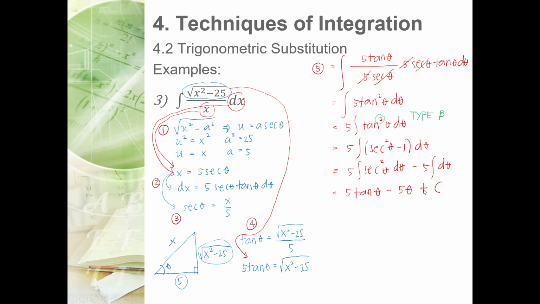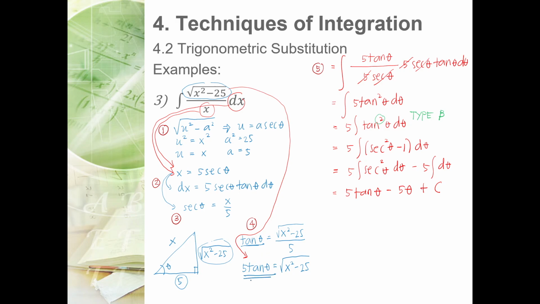Okay, so going back to the triangle, tangent theta, it's 5 tangent theta.